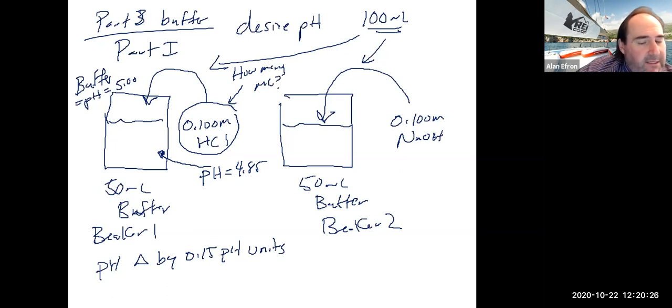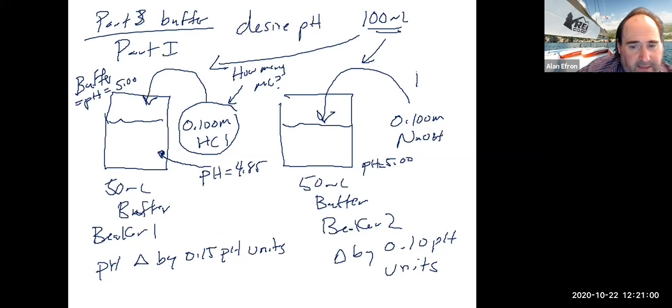So how many milliliters of HCl should you add to get your buffer to drop 0.15 pH units down? And then what you would do over here, your goal is to get the pH to change by 0.1 pH units, which again means that if your buffer started at a pH of 5, after you add the sodium hydroxide, you want the buffer's pH to end up being 5.10.